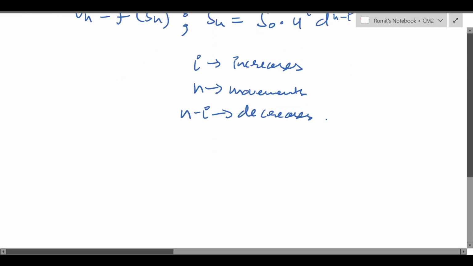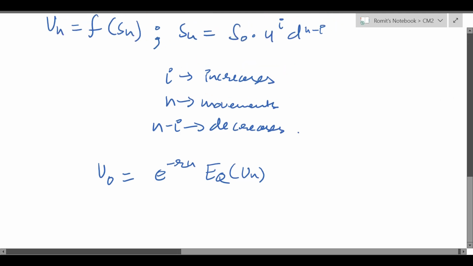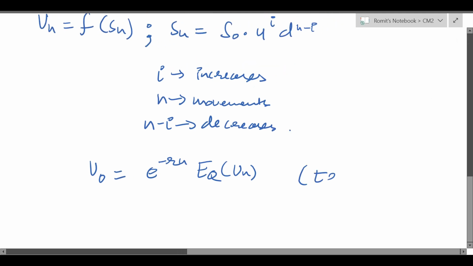Now how can I find V naught under our conventional pricing? We would just say that V naught is just equal to the discounted value of the expectation of the payoff of the derivative under the risk neutral probability, right? This is how we used to traditionally price without the use of the state price deflator, right?